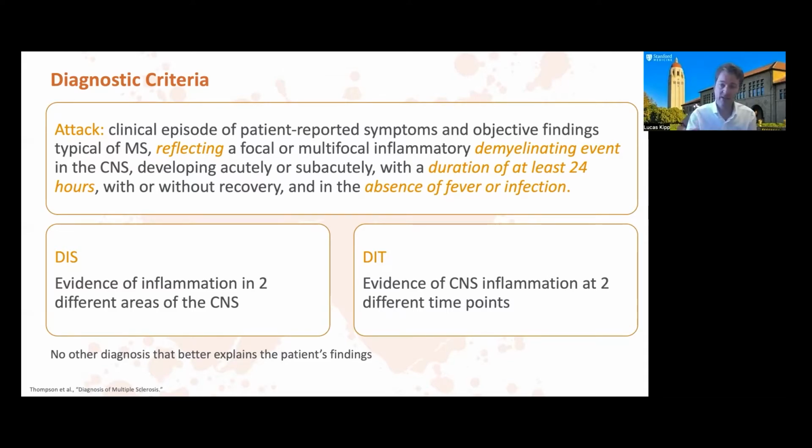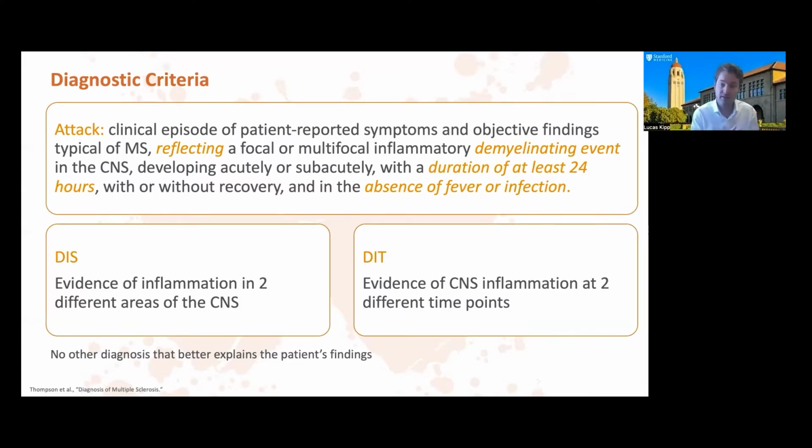So that's another key part of the history, to say, is there anything that happened either at the time these symptoms started or shortly before, in the days or weeks before, that you might be able to identify as an actual trigger, something that upset the immune system? Because if you can identify a potential trigger, that's actually better for the patient, because it's much more alarming if this came totally out of nowhere, because it's more likely that that means it's a fundamental problem with the immune system that's going to keep coming and trying to attack the central nervous system.